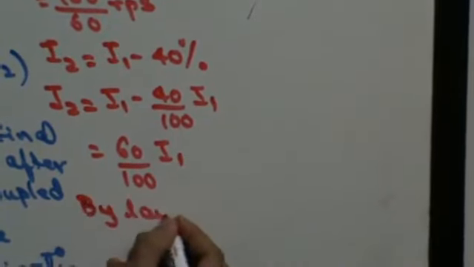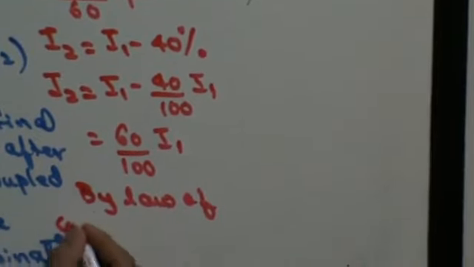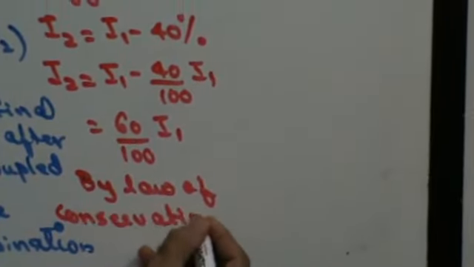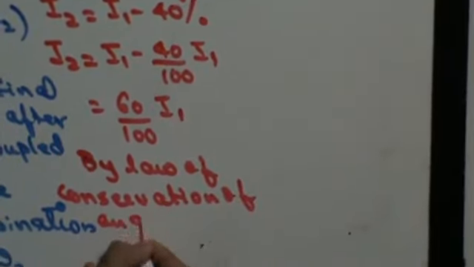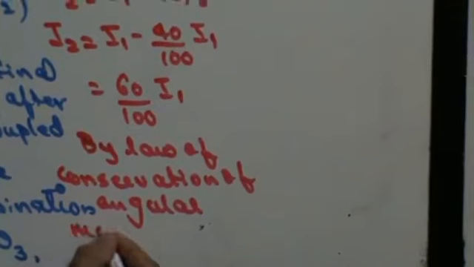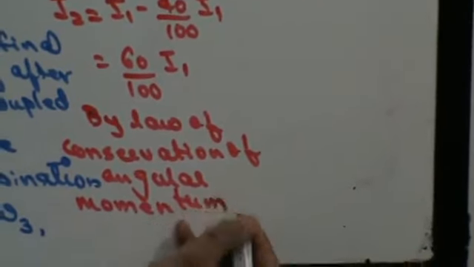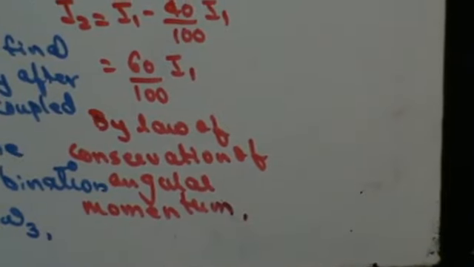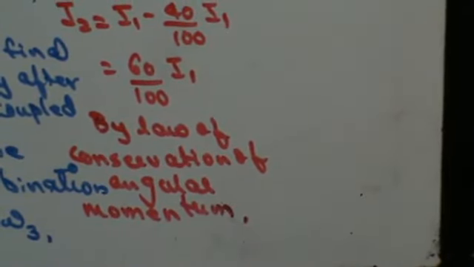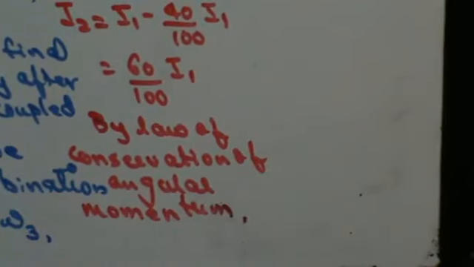I can say by law of conservation of angular momentum that I1 omega 1 should be equal to I2 omega 2. Right? Now, I have all the values.